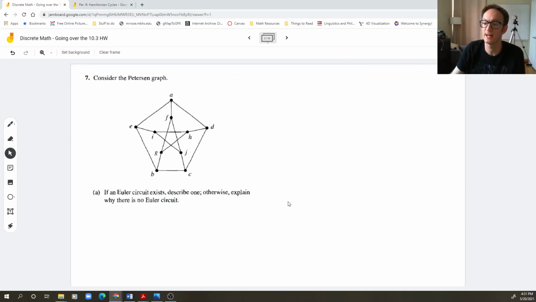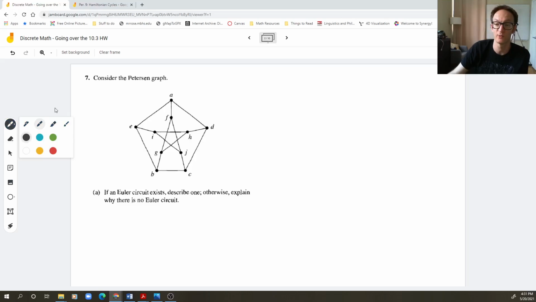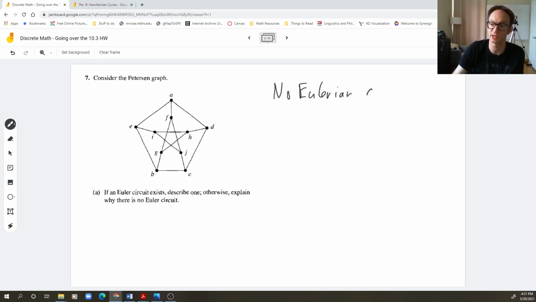If an Euler circuit exists, describe one, otherwise explain why there is no Euler circuit. Well, unfortunately, for the Petersen graph there is no Eulerian circuit. Why? Because of the theorem we proved in class about Eulerian circuits: a graph has an Eulerian circuit if and only if every vertex has even degree.